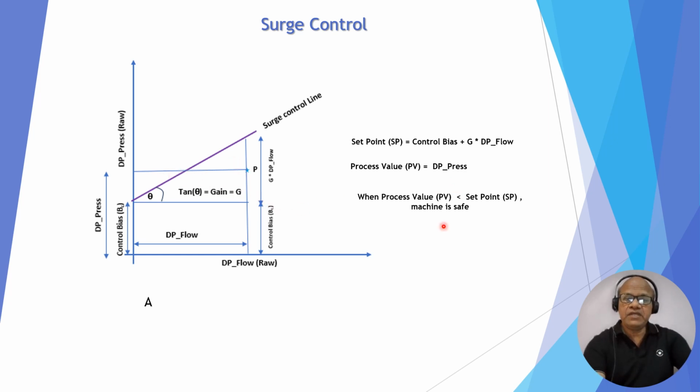So when PV is less than the set point, the machine is safe, and the controller will allow the surge control valve to close. But when it is greater, the valve will open. That means this is the operating point. So this is a safe region.